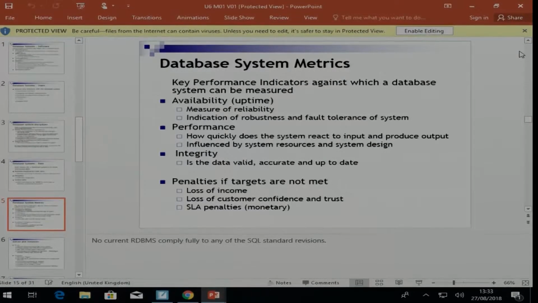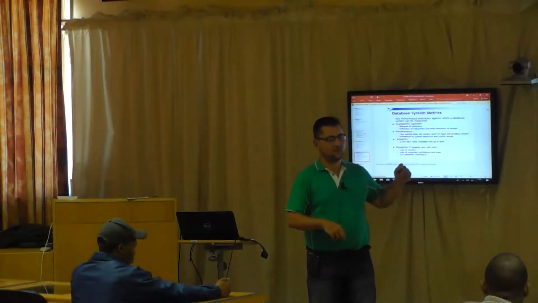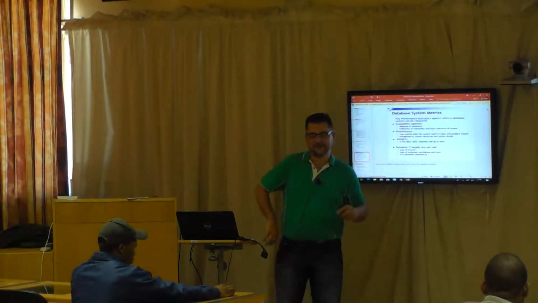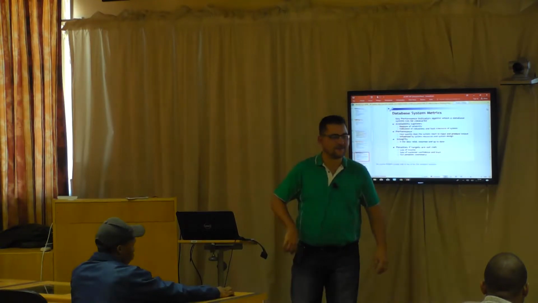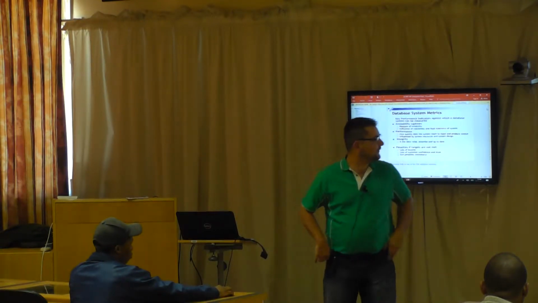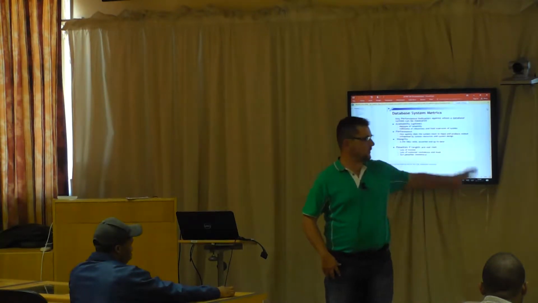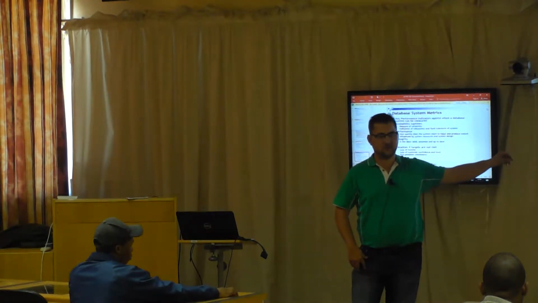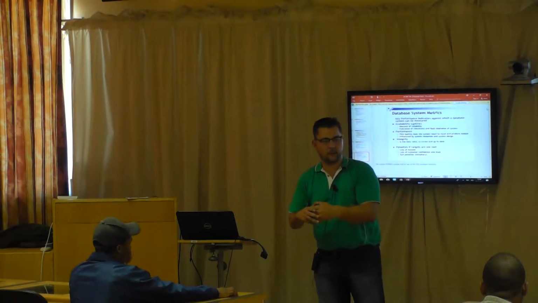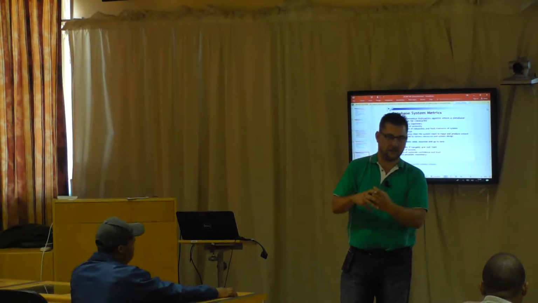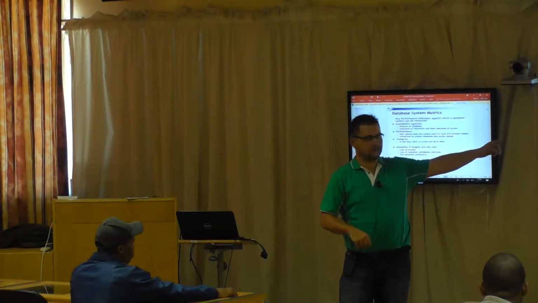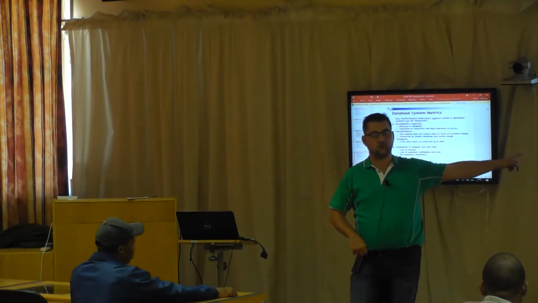Okay. Which of these is the most important one? In my opinion, yes, all of them are important for a system, but if you are looking at a bank system or any real database where it's required, the integrity is more important.